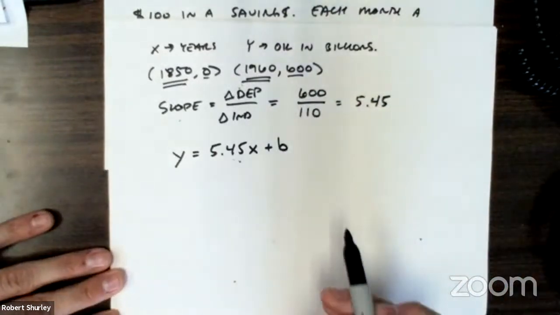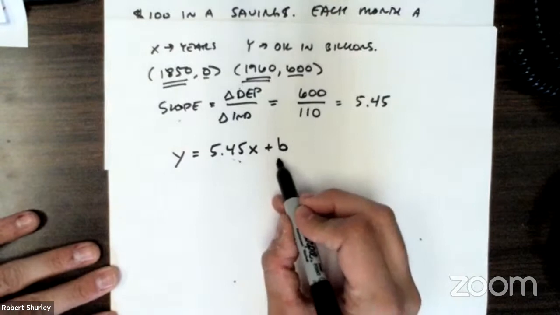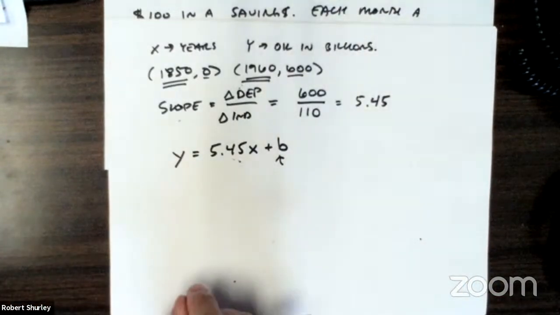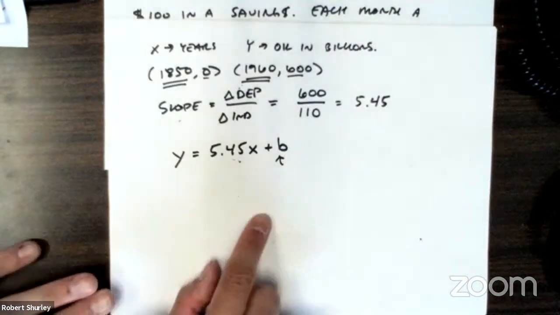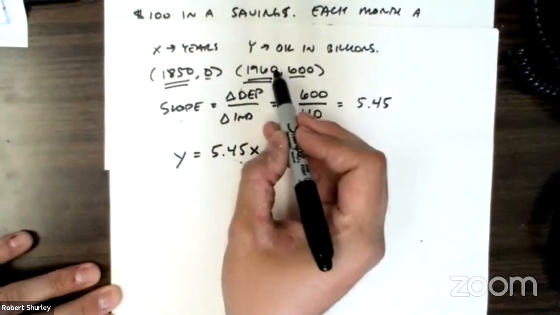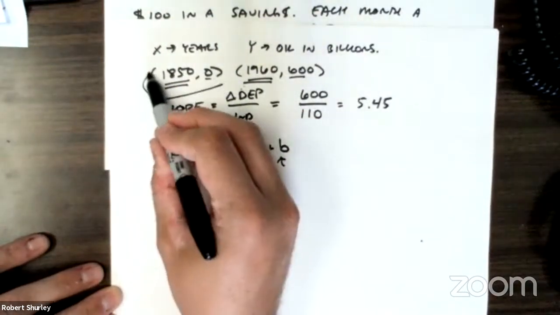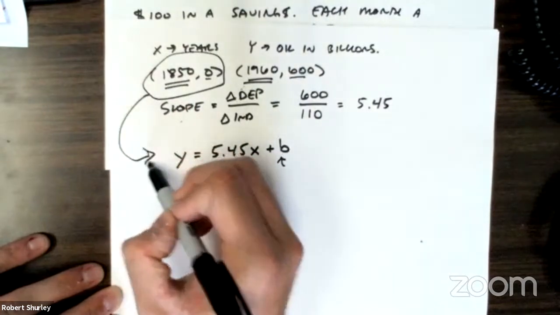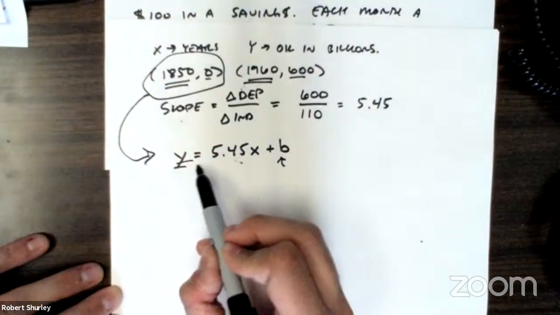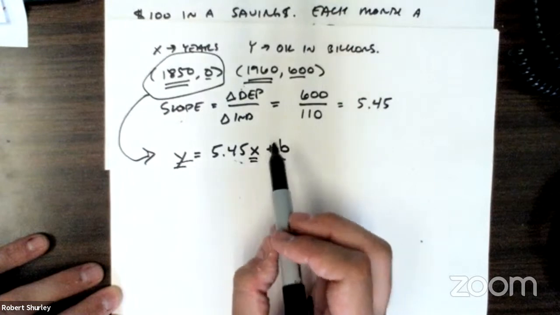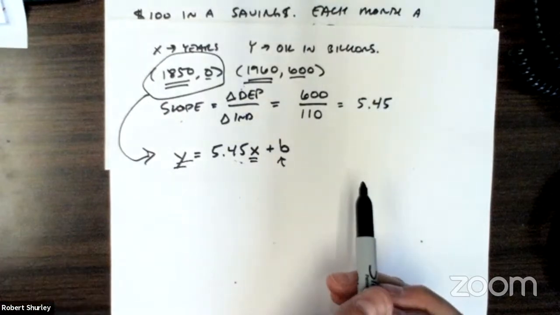It's kind of theoretical. What you're going to have to do is find this b value, and the way you do that is you use one of the two coordinates. I'm going to use this first coordinate, and you plug it into the x and the y values, and it'll leave you with a b value.